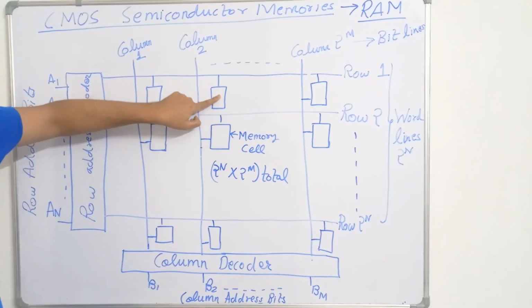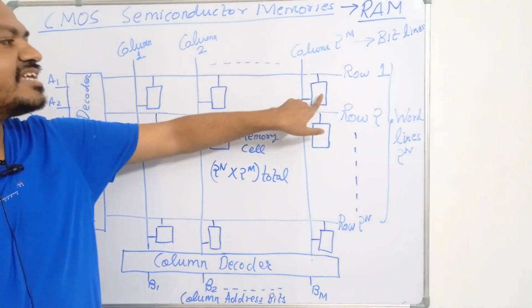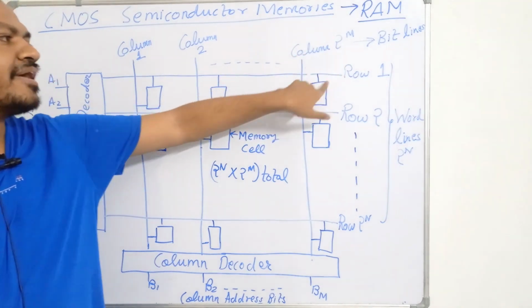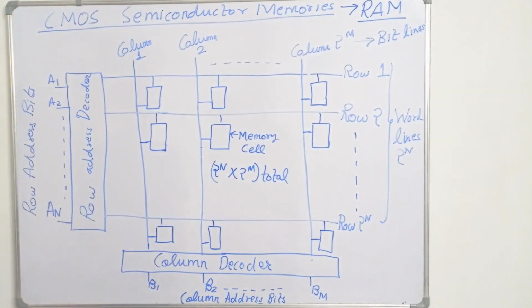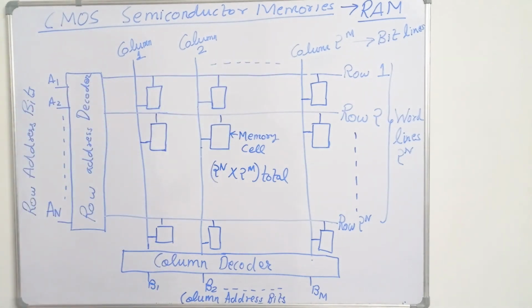This cell is connected to the second column and first row, and this cell is connected to the 2 to the power m column and first row. So in this way, if we have to access a particular memory cell, then we have to select the corresponding bit line, that is the column line, and the corresponding row line, that is the word line.